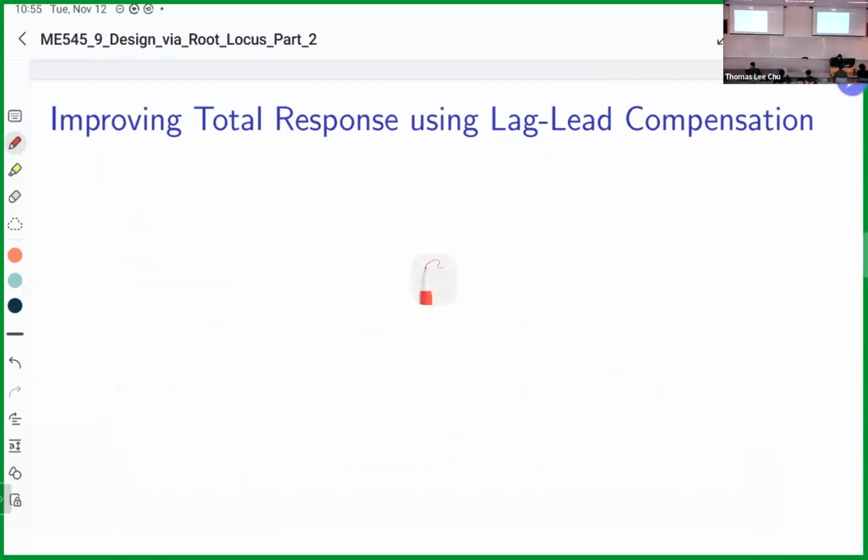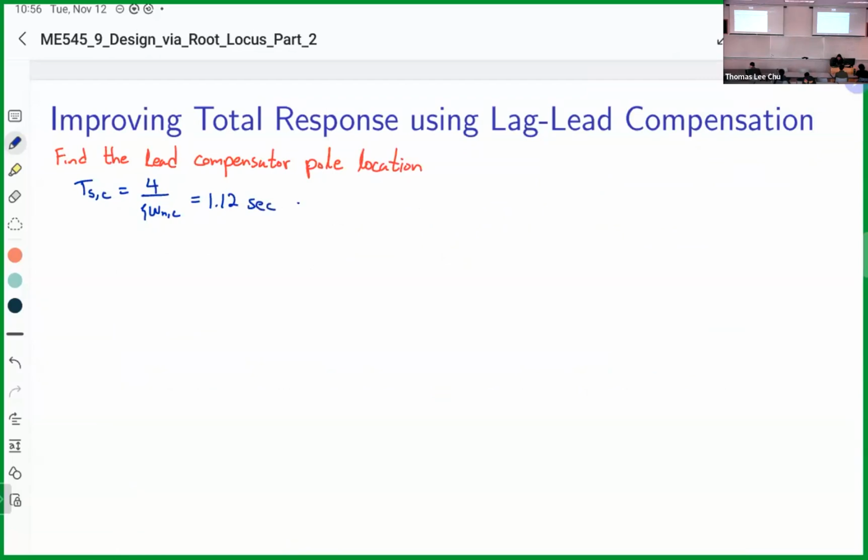Okay, so now we're going to find the lead compensator pole location. All right. The compensated settling time is equal to 4 over zeta omega n c. So zeta is 0.456, and we have the compensated time, which is 1.12.